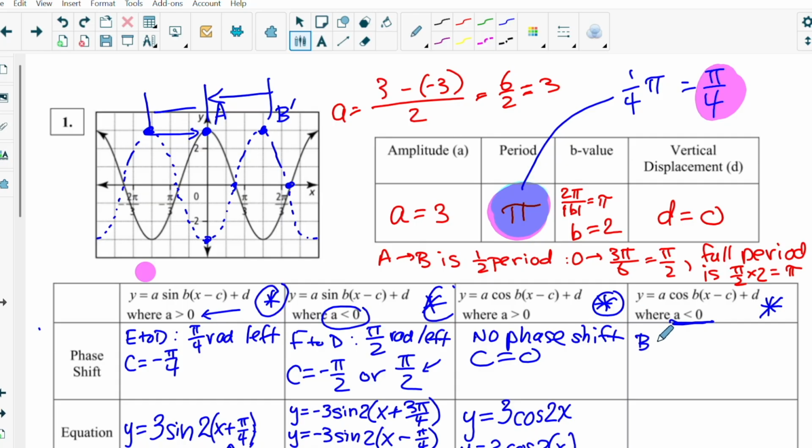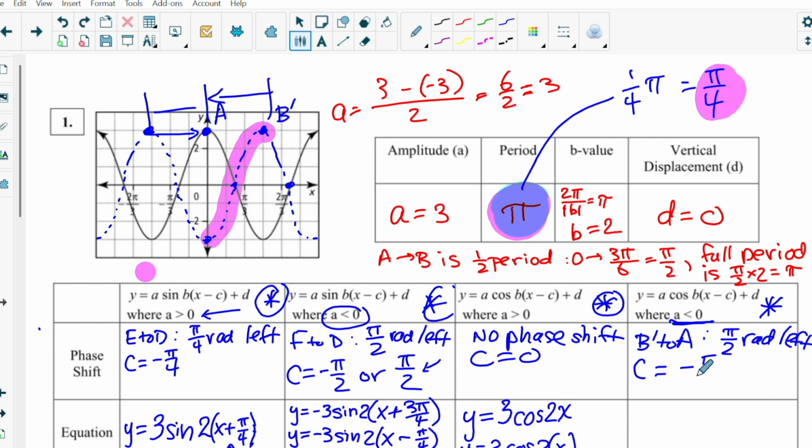So B prime to A. Graph reading, B prime to A, if I'm shifting that far, that's a half cycle, right? So that's pi over 2. So B prime to A, that's pi over 2 radians to the left. So what is my C value?